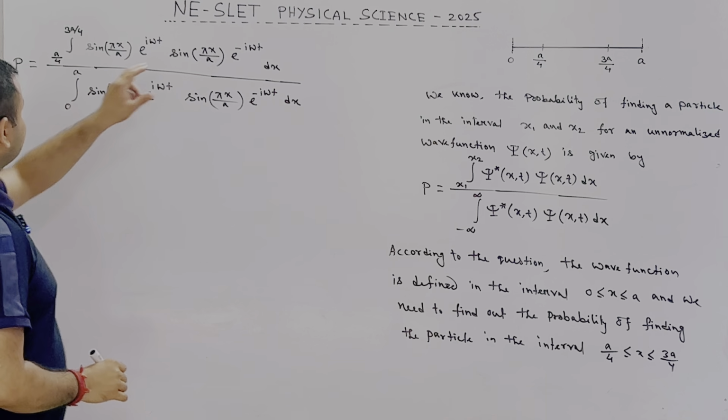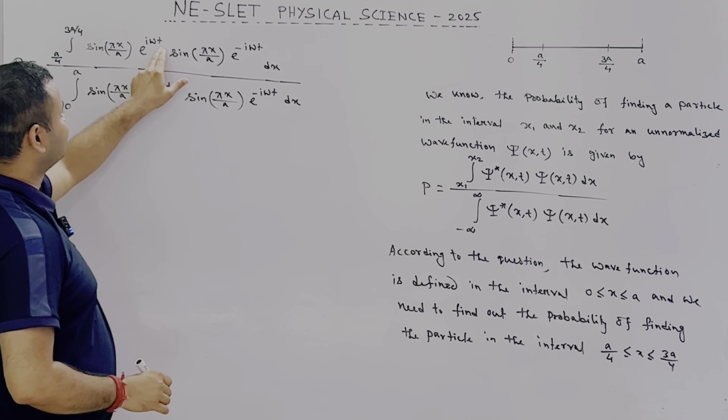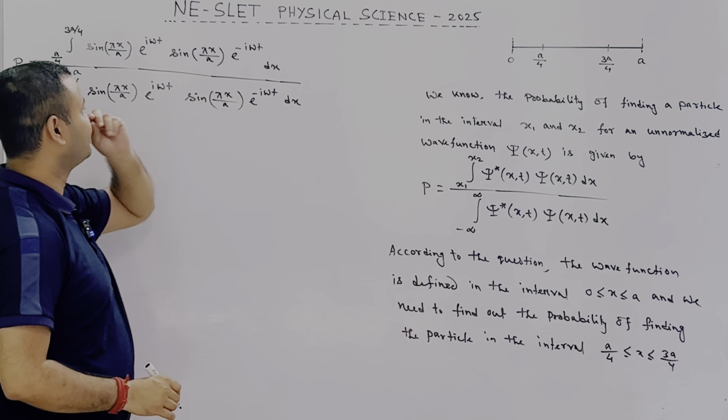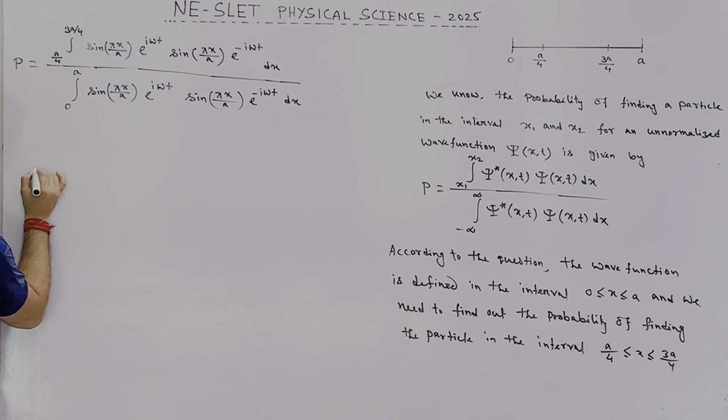So here e to the power plus iota omega t into e to the power minus iota omega t will cancel.